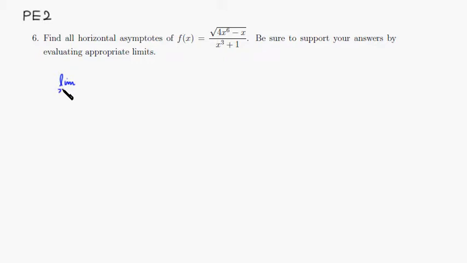As x approaches positive infinity, the function is the square root of 4x to the 6th power minus x, over x cubed plus 1.